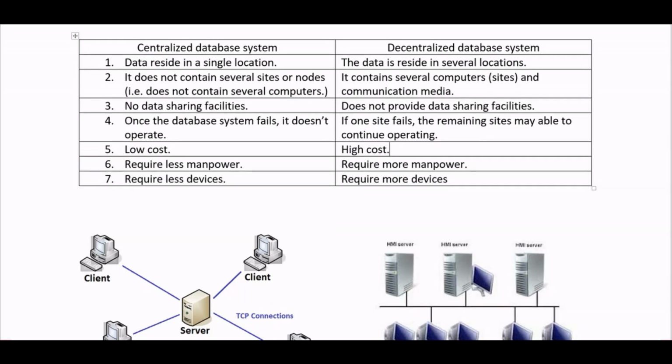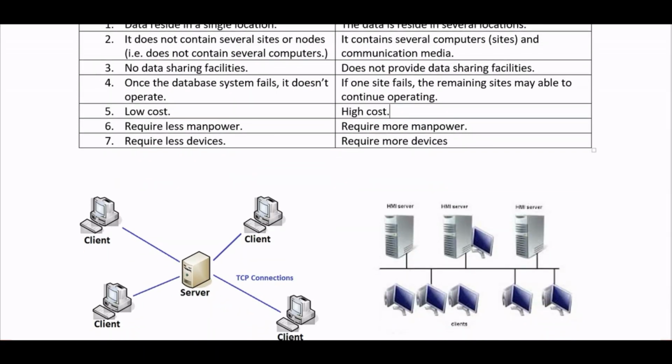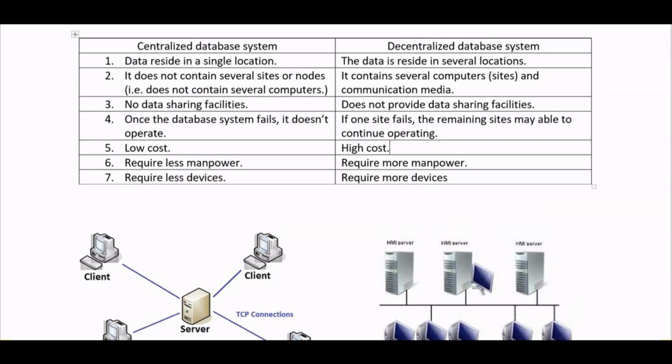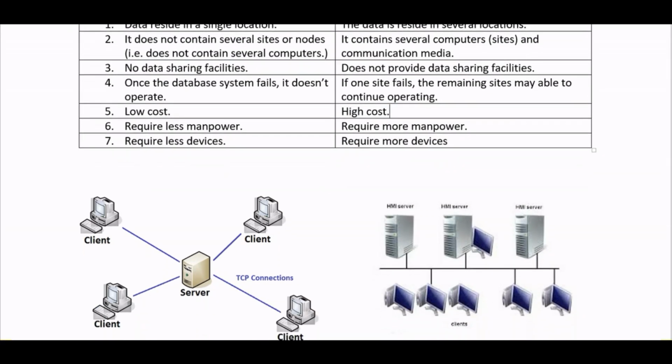Here, as you can see, this is the centralized database. All the data of the clients is stored in a single server, and all the data is accessed by these devices.